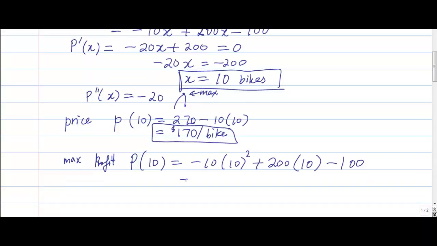So 10 squared is 100 times 10 is 1,000, so that's minus 1,000 plus 2,000 minus 100. 2,000 minus 1,000 gives me 1,000, so minus 100 will be 900. So it'll be $900.